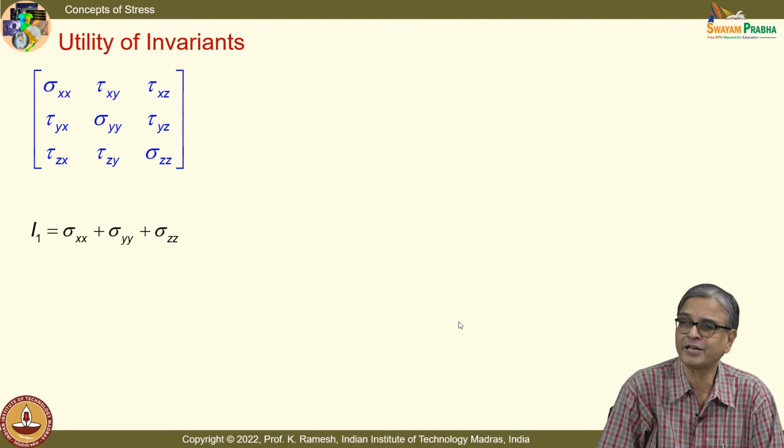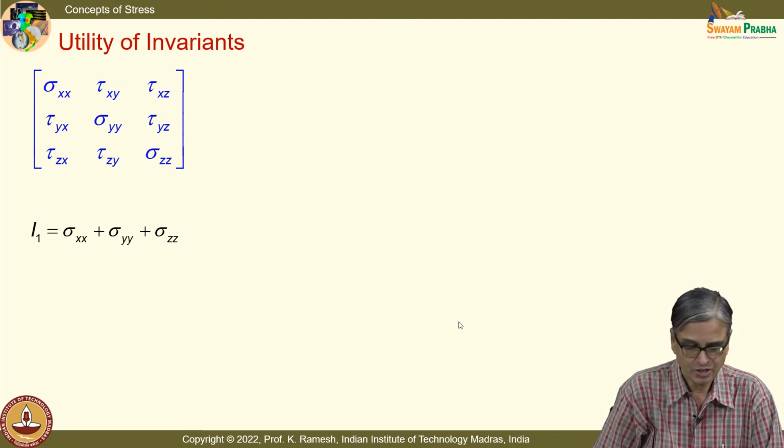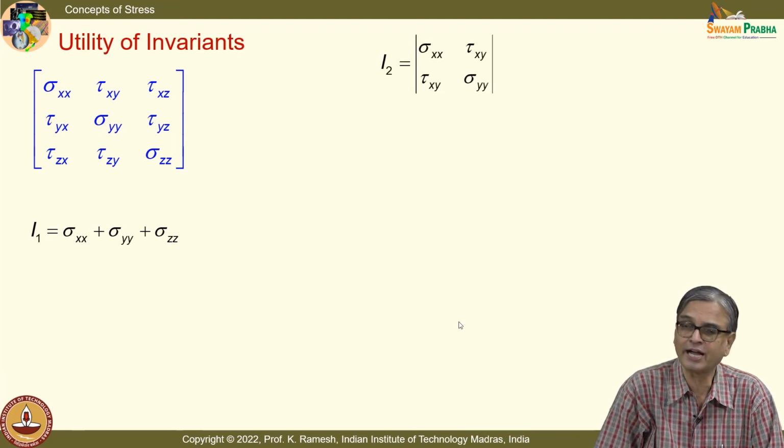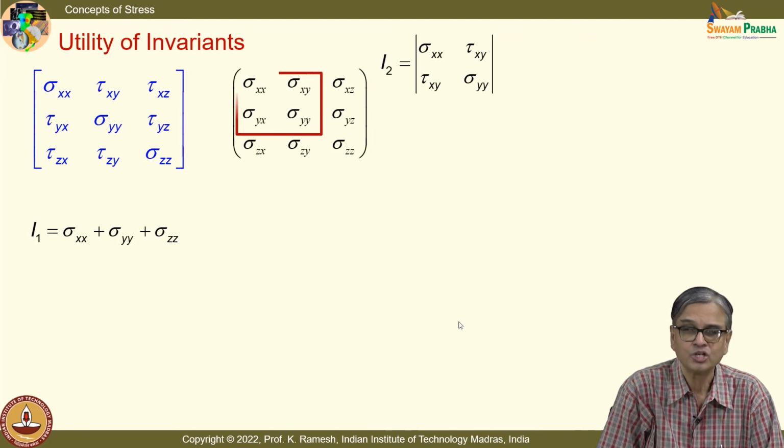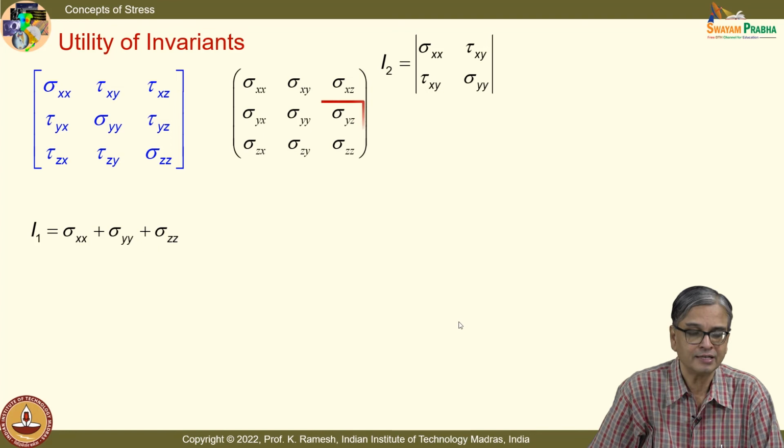This is again a repetition of the same slide, where we looked at what I1, I2 and I3 are. So, look at this and understand how you get I1, I2 and I3.